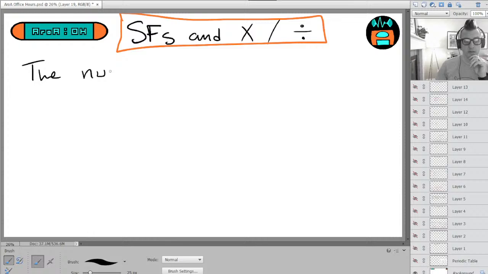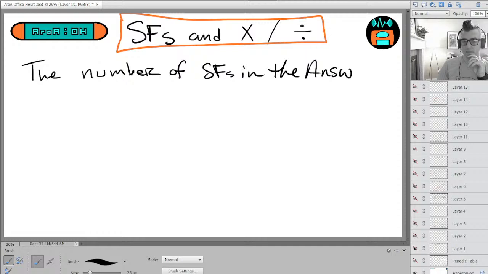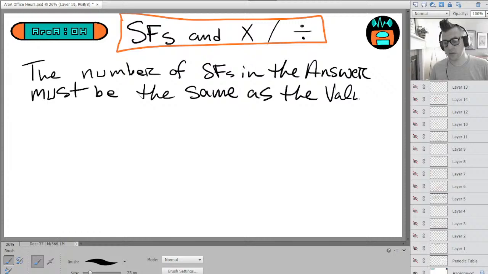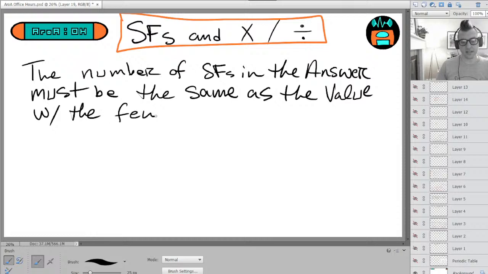The number of sig figs in the answer must be the same as the number, or I should say as the value with the fewest sig figs used in the calculation.